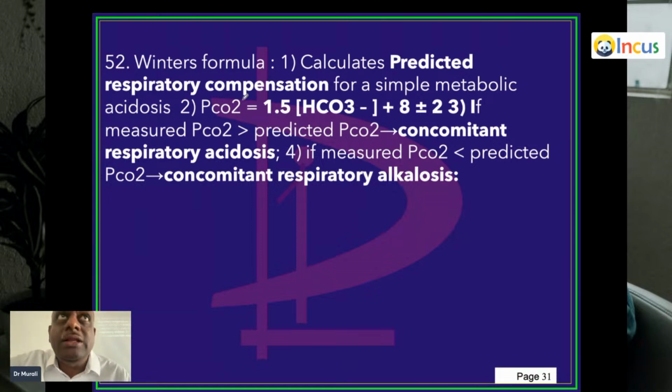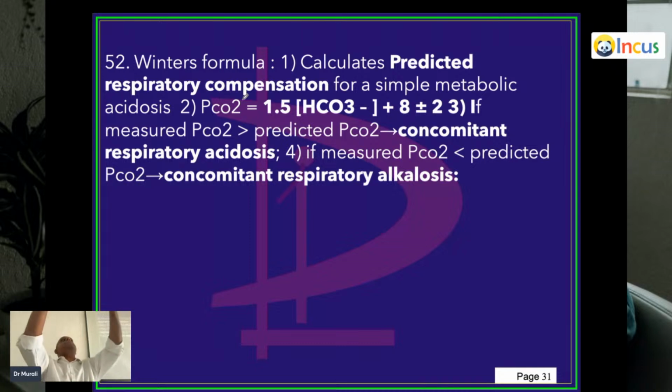If pH falls with metabolic acidosis primarily, the compensation is hyperventilation leading to fall of PCO2 also. If pH falls this much, how much PCO2 should fall as a compensation, that is called Winter's formula.